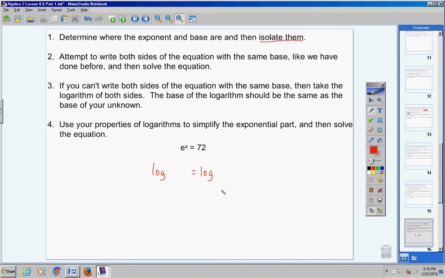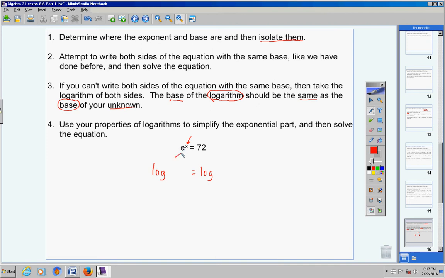But hold it, guys. If you're going to take the logarithm of both sides, what base are you going to use? Well, it says right here, look. The base of the logarithm will be the same as the base of your unknown. Well, here's your unknown right here. Got it? What was the base of your unknown?